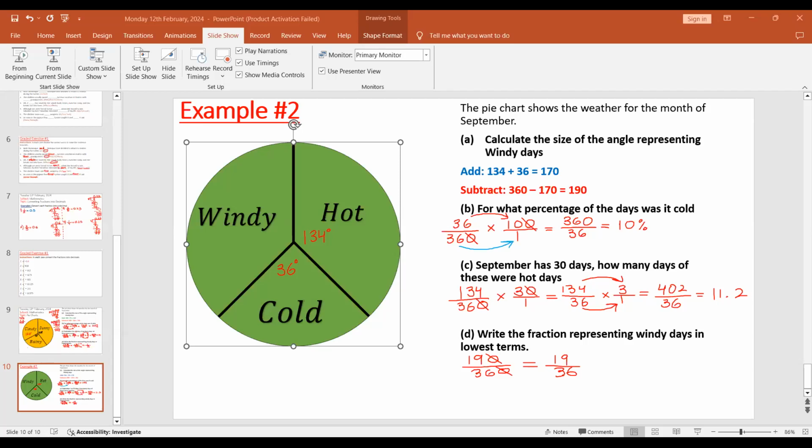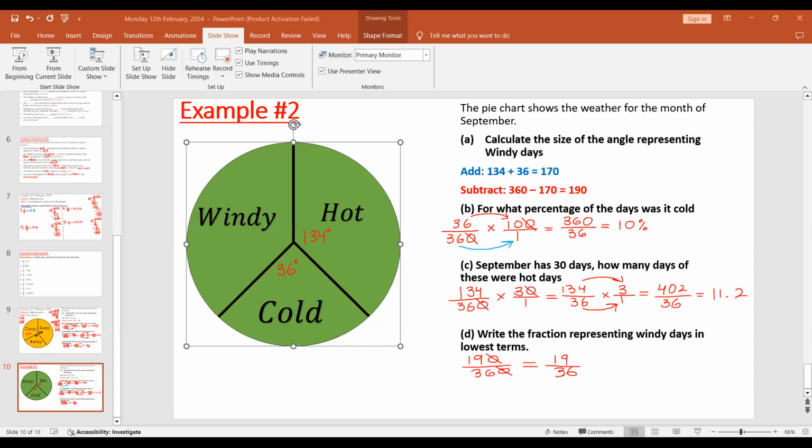And for B, the question is asking us to find for what percentage of the days was it cold. So we say 36 over 360 times 100 over 1, because we have to multiply by 100 over 1 to find the percentage.